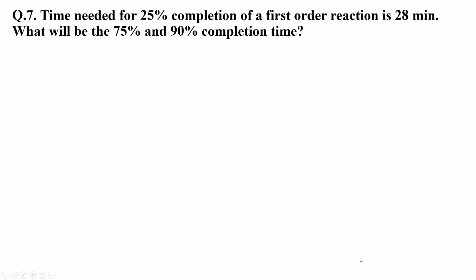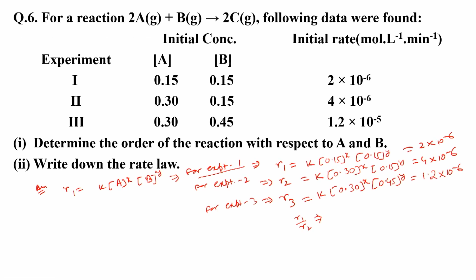If we consider R1 by R2, then we get 1 by 2, which equals 0.15 raised to the x in the numerator by 0.30 raised to the x.